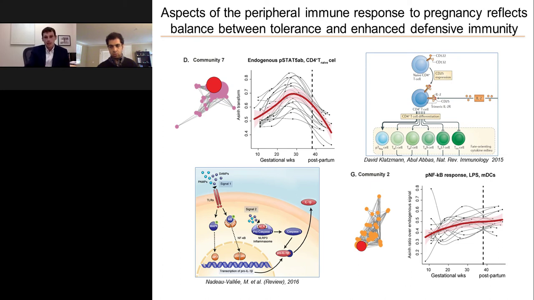plays multiple functions in the differentiation of CD4 T cells, but downstream of IL-2, one of the most important roles of STAT5 is to guide the differentiation of CD4 T cells to the Treg cell type, particularly the peripheral Treg cell subset. And so it promotes the differentiation of peripheral Tregs and their stability. Now that's obviously very important and very reassuring.